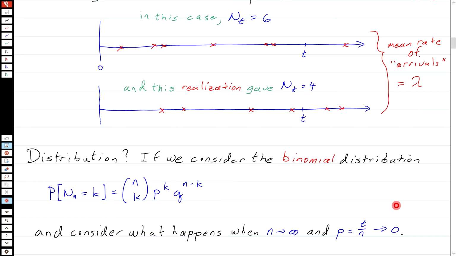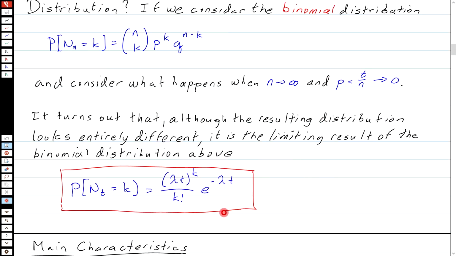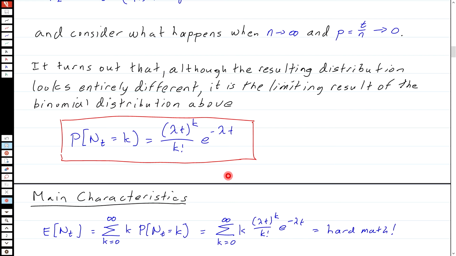So p itself we don't ever use after this, but if we look at the limit of this expression, as n goes to infinity and p goes to 0, it turns out that the resulting distribution, although it looks entirely different, is derived from this distribution in the limit. So we get the probability that N_t equals k is (lambda t) to the k over k factorial, e to the minus lambda t. So we see here the rate, the time interval, and the number of successes that we're talking about. So that's the distribution, and now we can talk about the main characteristics of this distribution.